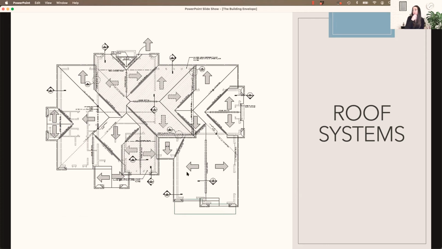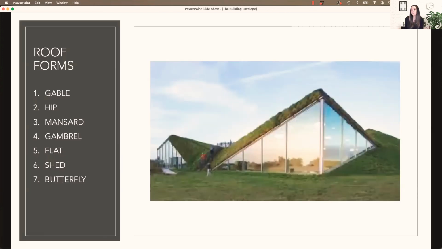So what I want to do now for the next, say, 15 minutes is have you guys break out into groups. And essentially, these are the 7 roof forms that you will most commonly see in either residential or commercial construction.